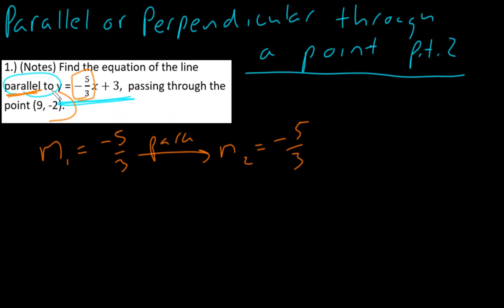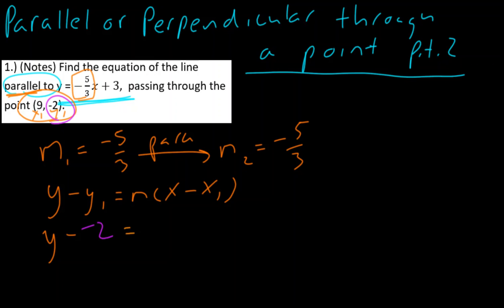And we want to look at this passing through the point 9 comma negative 2. So let's label that x1, y1. And of course, we can now use our formula. Y minus y1 is equal to m parentheses x minus x1. And let's plug in all the things that we know from left to right. Well, I know that I have y minus, and my y1 value is negative 2, is equal to my slope.